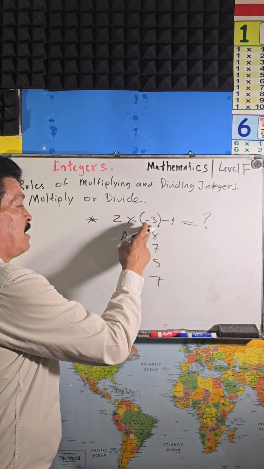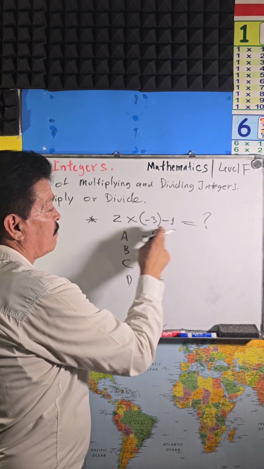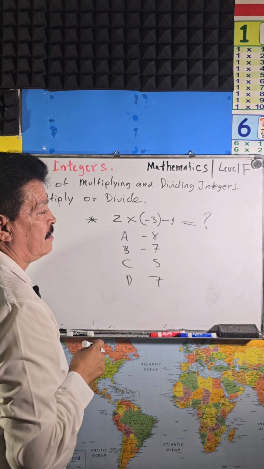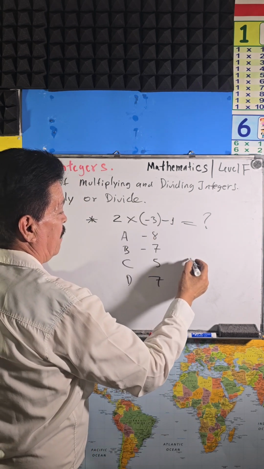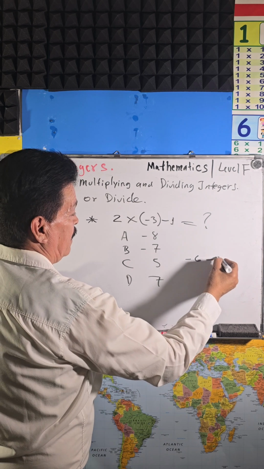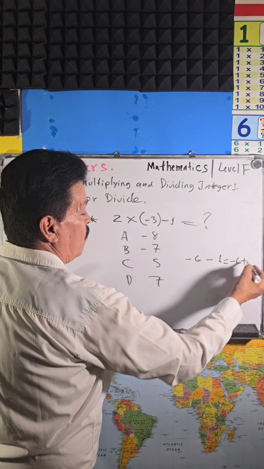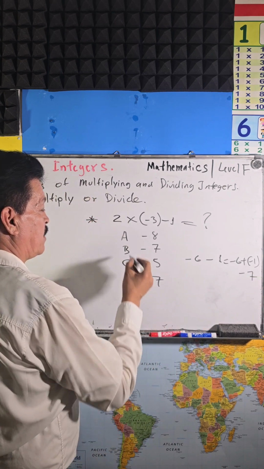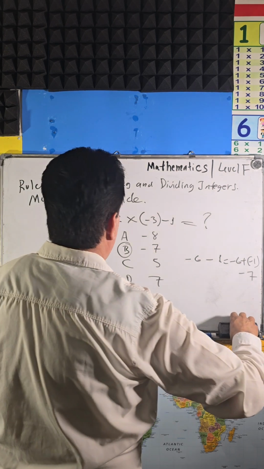Negative 6 minus 1. Remember, what is the rule? So we have here 2 times negative 3, we have negative 6 minus 1. So this is equal to negative 6 plus the opposite of 1, which is negative 1. So then it's negative 7. What is the answer? Letter B. Letter B is the right answer, right?